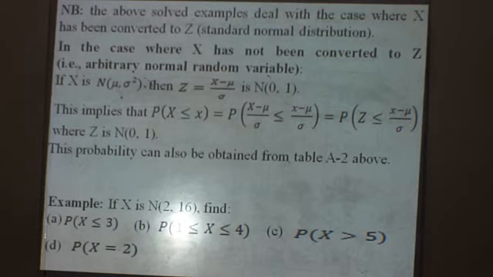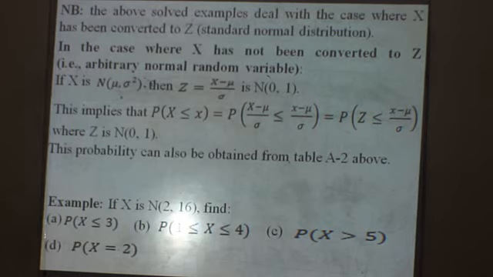Now let's look at a noted point here. The above solved example deals with the case where X has been converted to Z. You can see that in the example we worked, we were dealing with Z greater than, Z less than, or Z falling between. But it's not always the case.